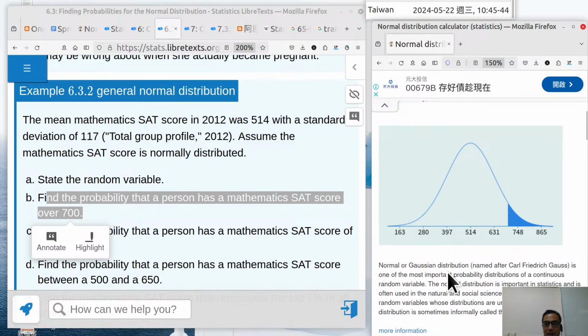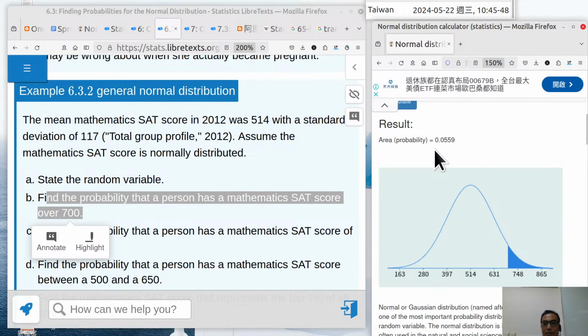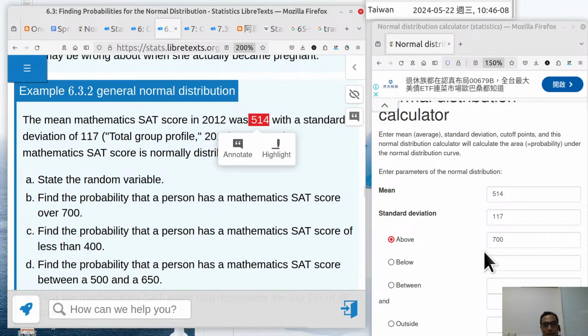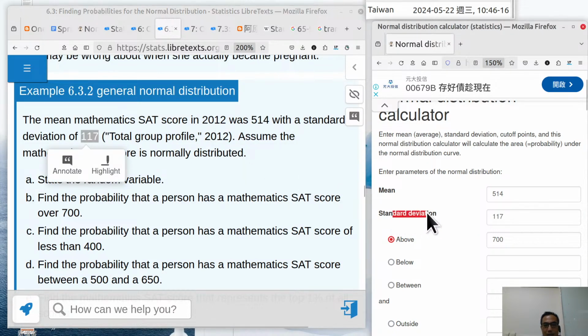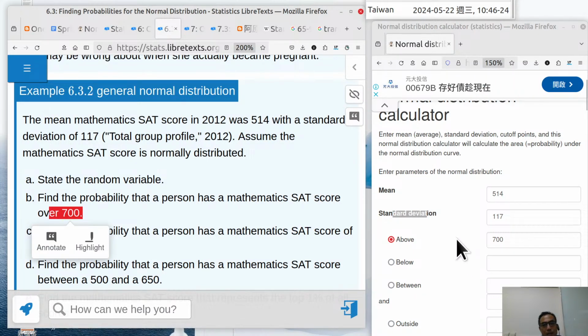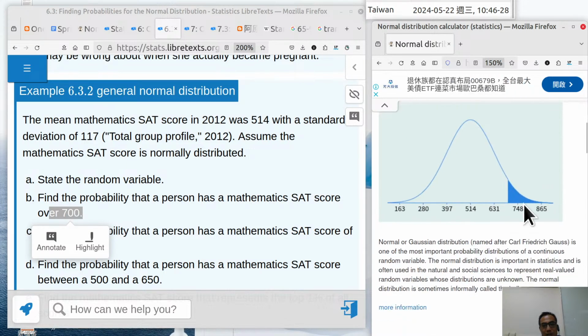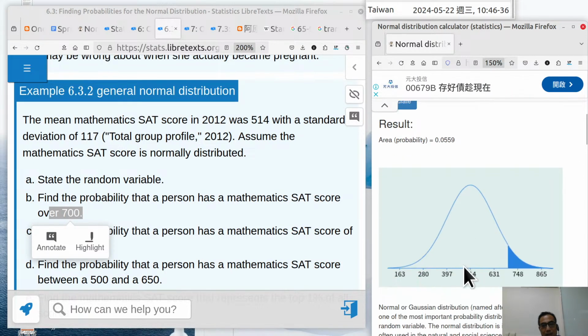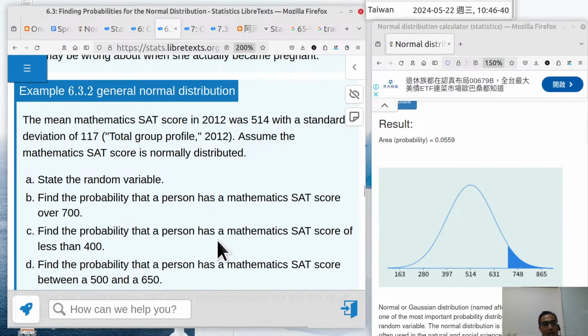The probability is 0.0559. We can call it the top 5%, the elite. Again, for the SAT score, type the mean 514 here, and type 117 here, the standard deviation. And the question, the score over 700, what's the probability? The probability is 0.0559, very close to 6%. Okay, one minute, please do this part. Then we can go to the next.